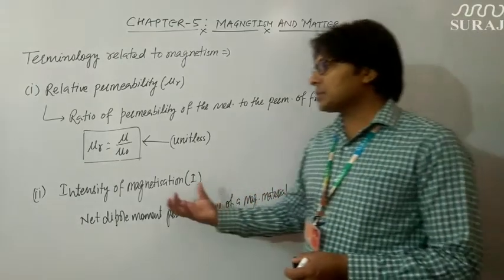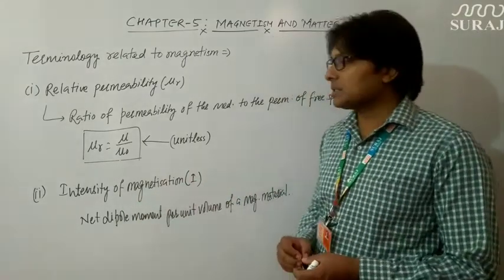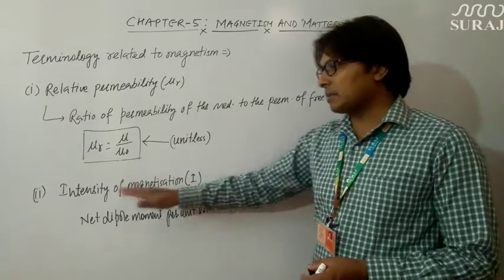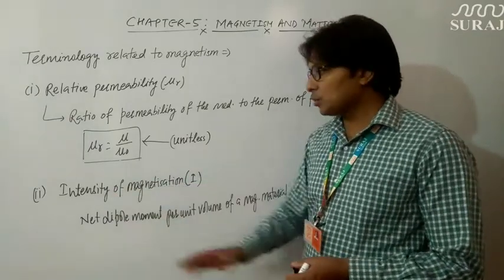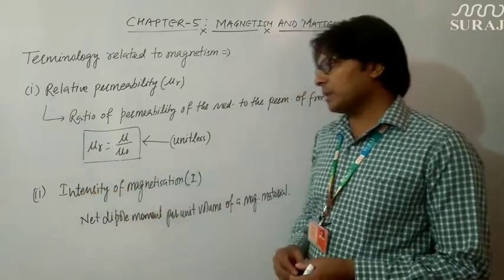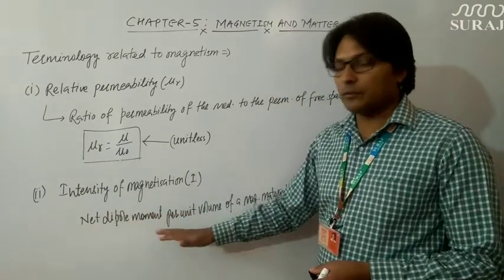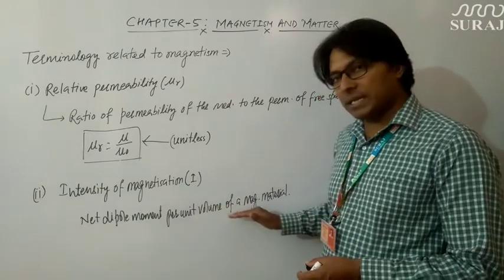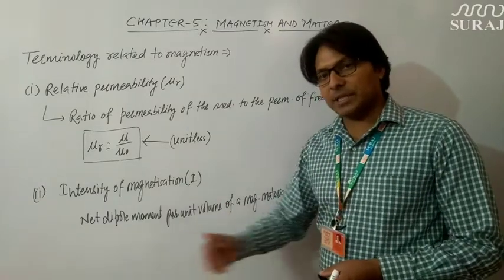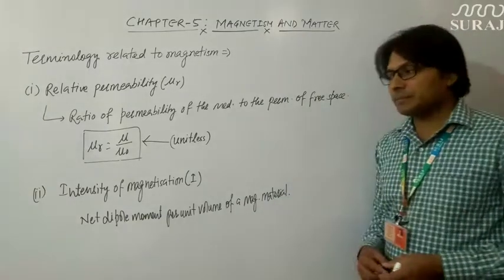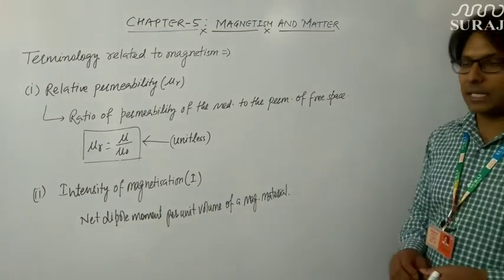So how much intensity is developed due to the external magnetic field, this term defines. The net dipole moment developed within the magnetic material when kept in an external magnetic field per unit volume is known as intensity of magnetization.